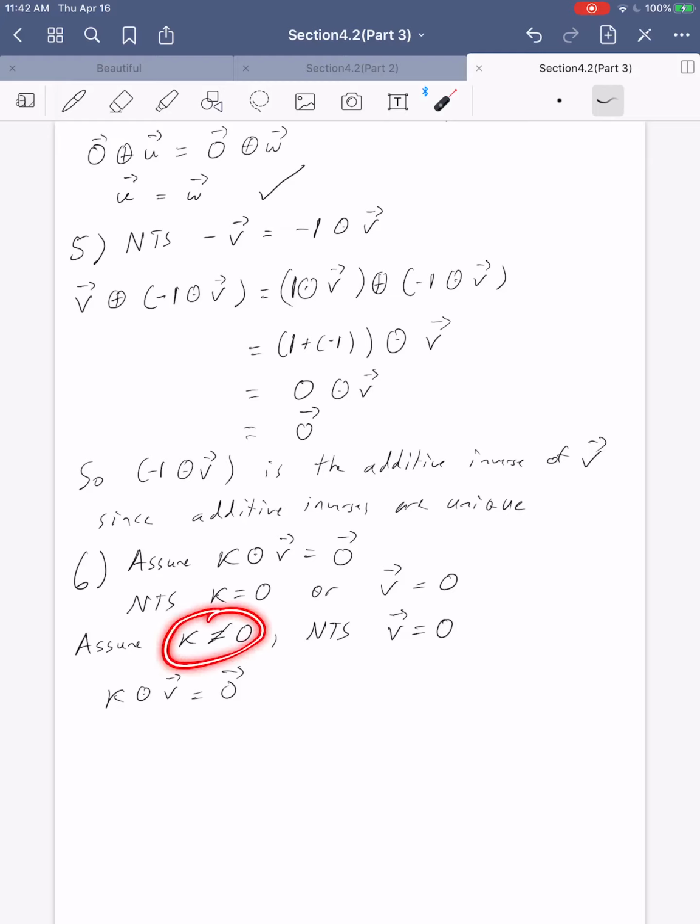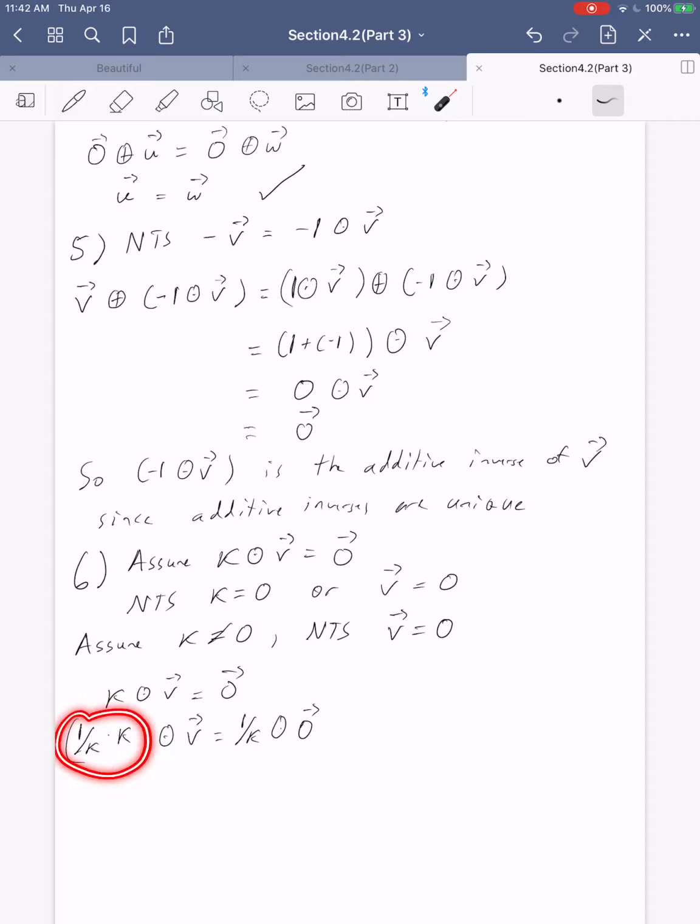Well, if k is not equal to 0, then we can multiply both sides by 1 over k. So 1 over k times k, scalar multiplied with v. This right here would be normal multiplication, not scalar multiplication, because it's both scalars. And 1 over k, scalar multiplied with 0.